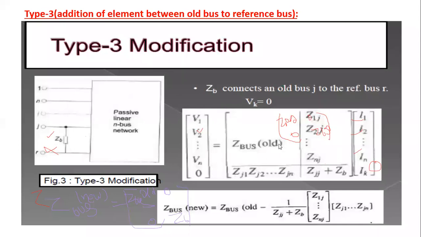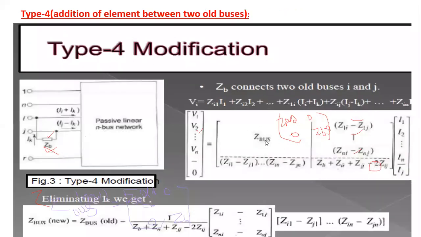Okay, this total is the Z bus old matrix for type 4 modification. Okay, in this Z bus old matrix, ఏదైతే ఇక్కడ Z bus old ఉందో అది type 3 లో మనకి ఏదైతే వచ్చిందో దాన్ని ఇక్కడ సబ్స్టిట్యూట్ చేసుకొని మళ్ళీ we are adding the link for the row and the column. Okay, link means we are considering Z1i minus Z1j and so on Zni minus Znj.